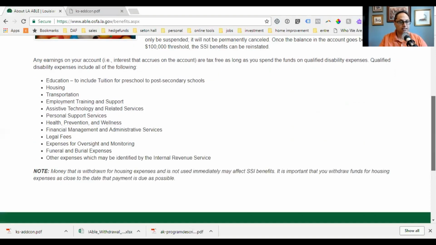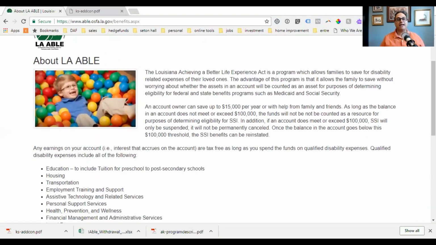There is something fairly new that was passed as of December 22nd, 2017, that allows an individual with special needs that is eligible for this account to potentially put in another $12,060 in addition to the $15,000 that he or she or family members or friends contributed.